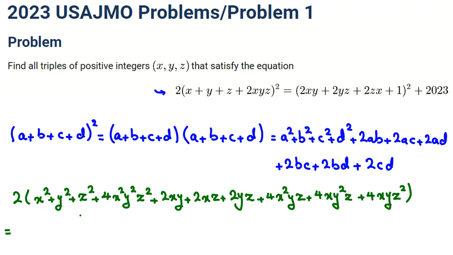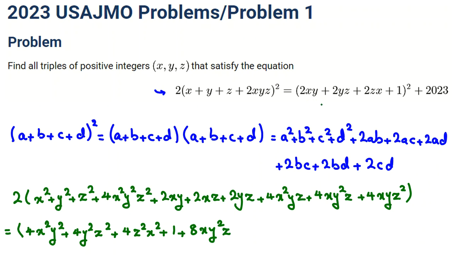Equal to this one whole squared, which will be 4x squared y squared plus 4 each term squared, like here a squared, b squared, c squared: 4y squared z squared, plus 4z squared x squared, plus 1. Now plus 2 times this, let's consider these 3 terms first. 2 times 2xy times 2yz will be 8xy squared z. 2 times this, 8x squared yz. 2 times this, 8xyz squared.